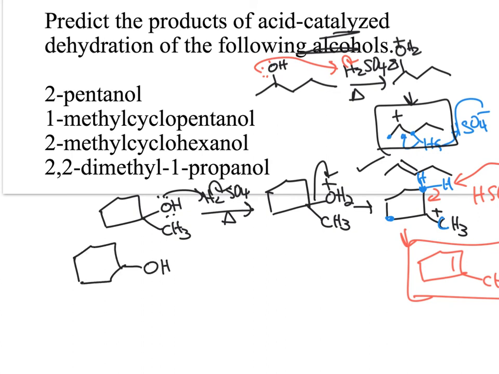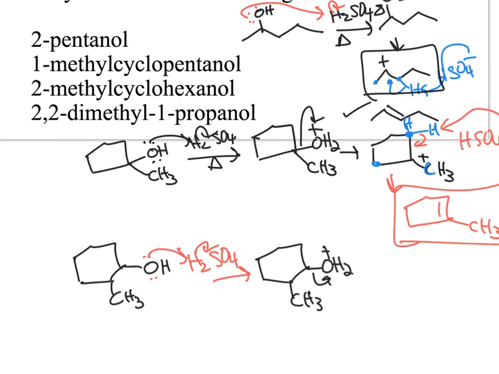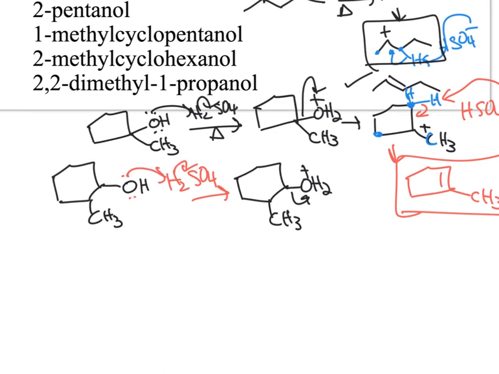2-methyl-cyclohexanol. So it didn't tell you whether it's trans or not. And it doesn't really matter because you're going to generate a carbocation, and you don't have to worry about the 180-degree anti-periplanar arrangement, because that is what you worry about when you're doing an E2 reaction. You don't have to worry about this here because all you're doing is converting the OH into water, which is a good leaving group, and you're generating a carbocation. Now what you do have to think about is the more stable carbocation.